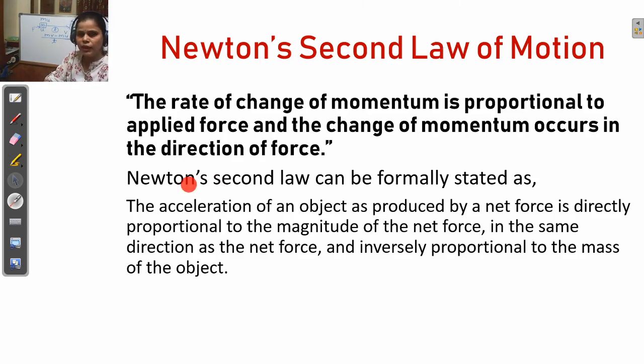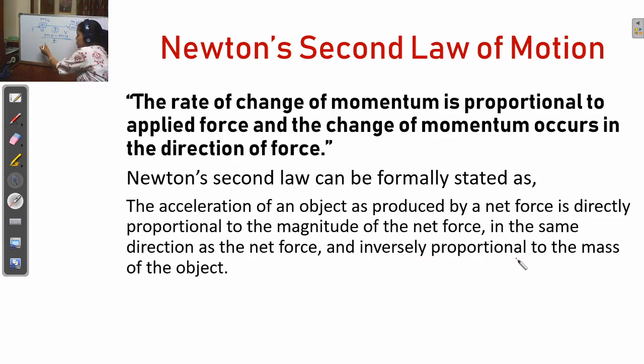Or we can state Newton's second law as: the acceleration of an object produced by a net force is directly proportional to the magnitude of the net force, in the same direction as the net force, and inversely proportional to the mass of the object. Magnitude means the value of the net force.